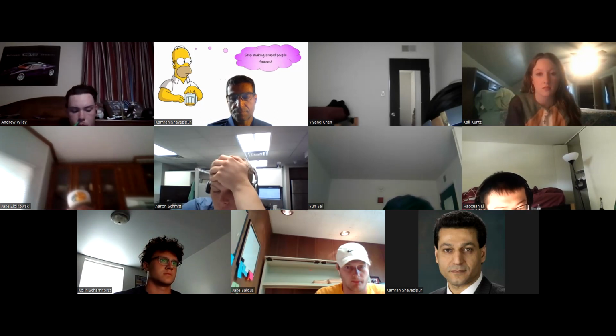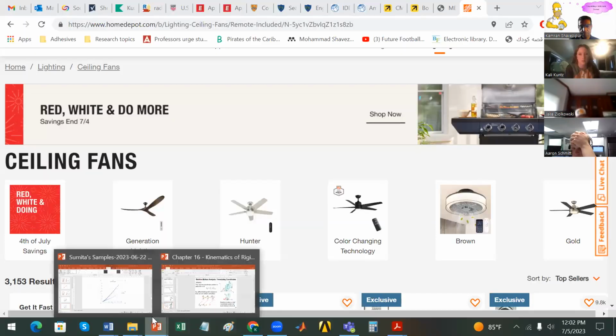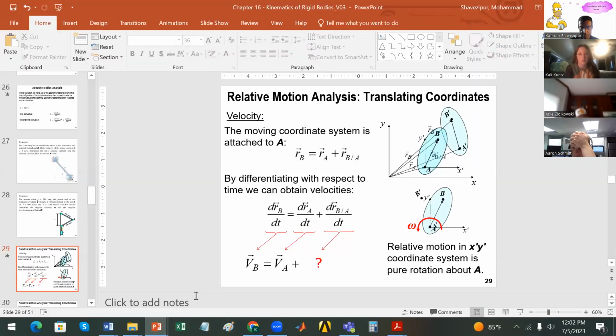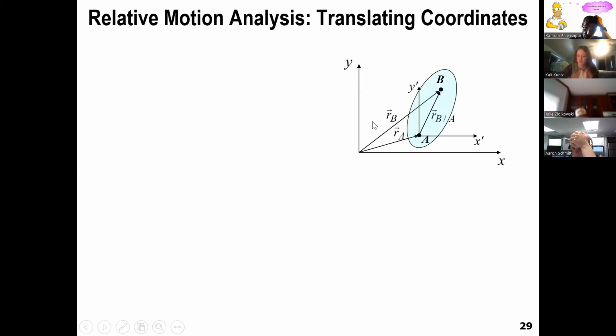Now, let's go with the relative motion analysis, which is vector-based. I want you guys to pay attention to this rigid body's motion. You remember we talked about relative motion, 2 points, A and B. We use this for translation.